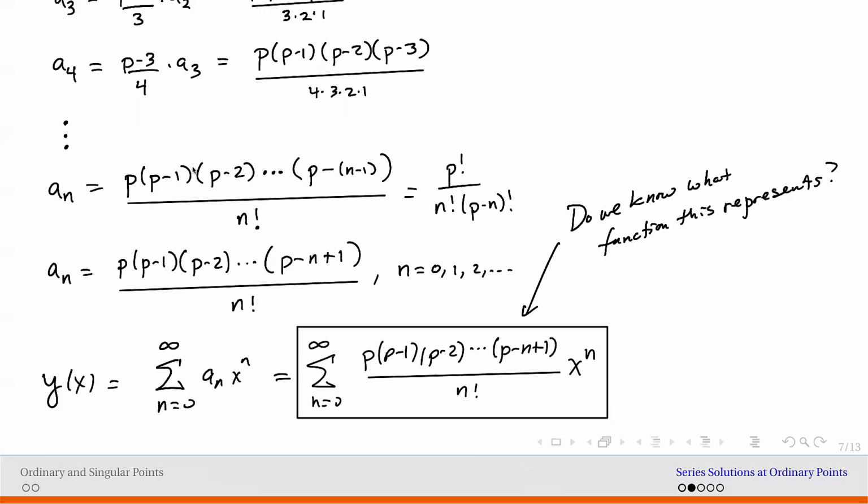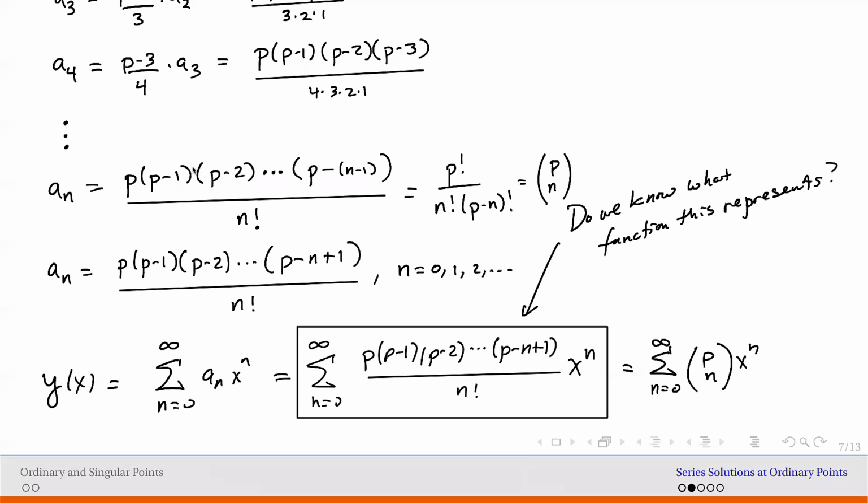So this is p choose n. So this sum is actually the sum, n goes from 0 to infinity, of p choose n times x to the n. If you have any familiarity with binomial coefficients, what you're looking at here is the binomial series.